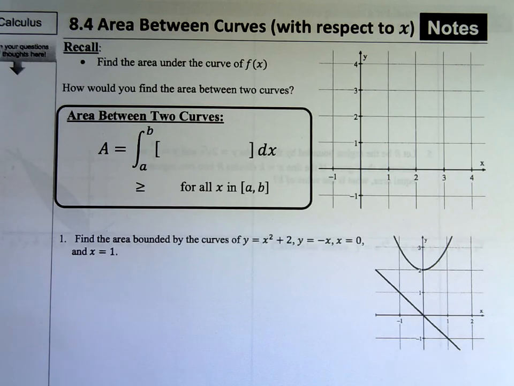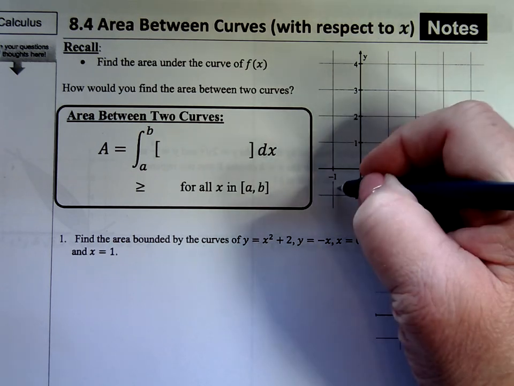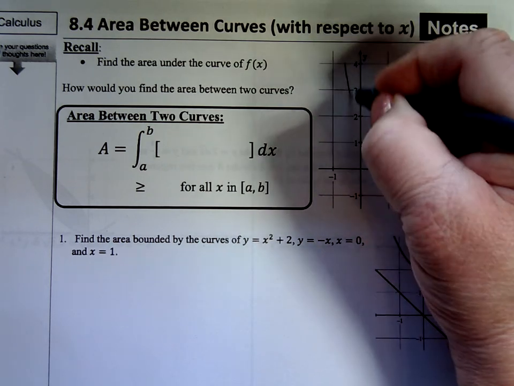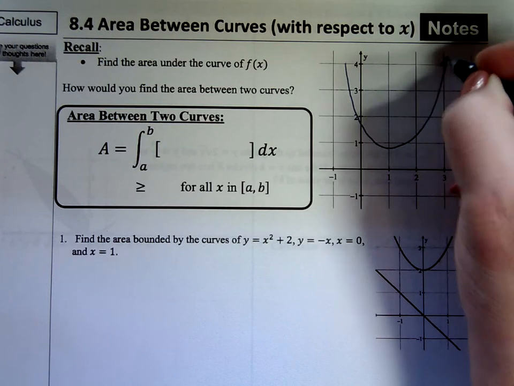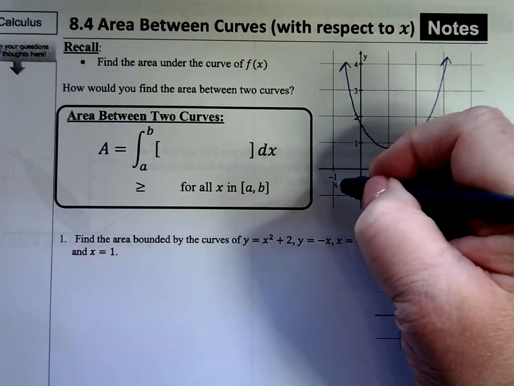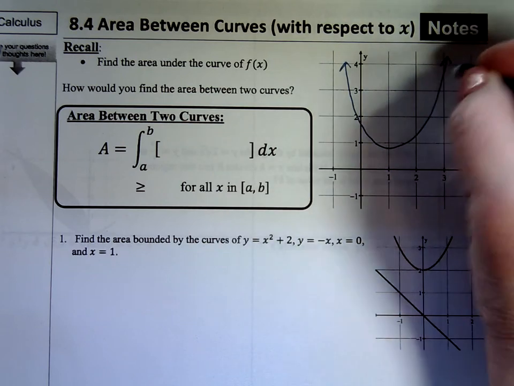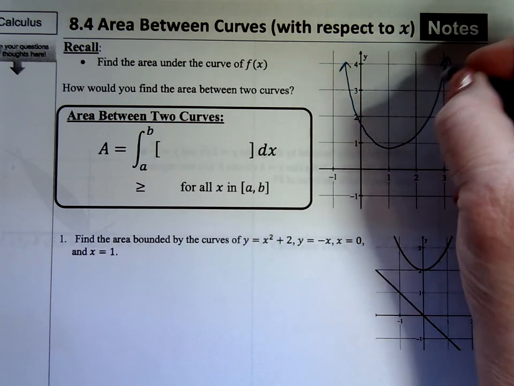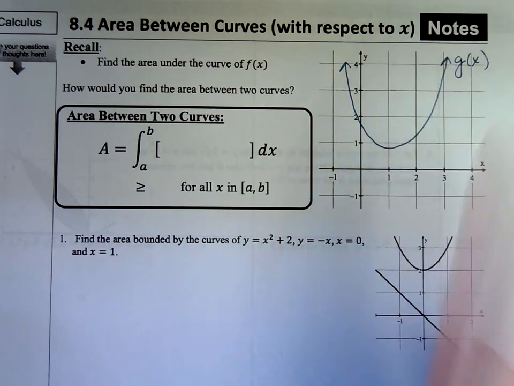So far you've learned to integrate, and it finds the area between the curve and the x-axis. But what happens if you have a function, maybe a happy parabola over here, and I'm going to call it g of x.